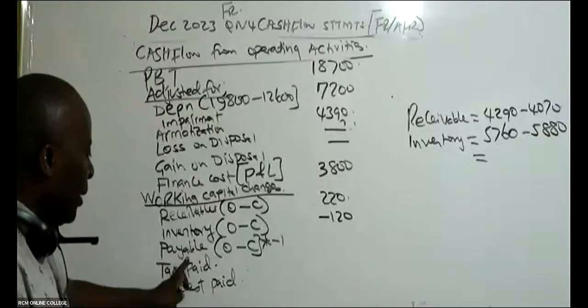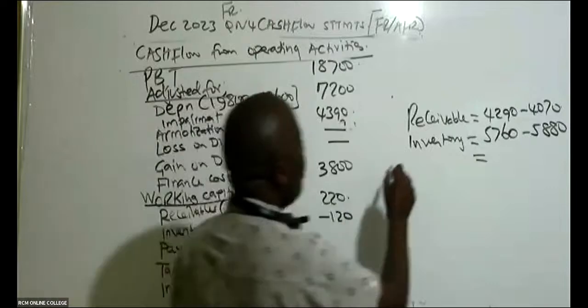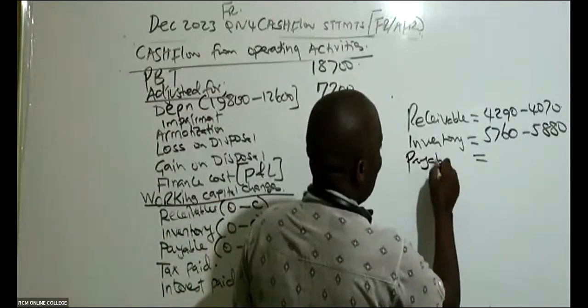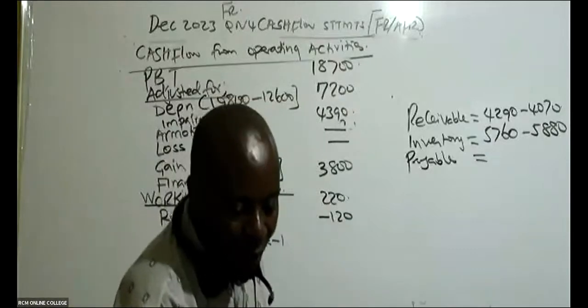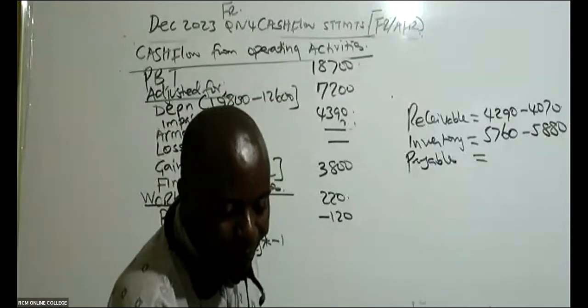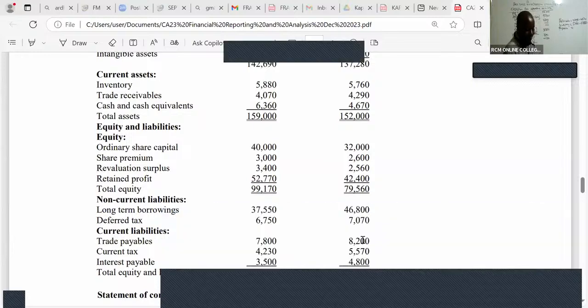Then you go to payables. Remember, working capital changes, there are three. Payables, you do the same: opening minus closing. I can see my payables here under liabilities, 8200 minus 7800.